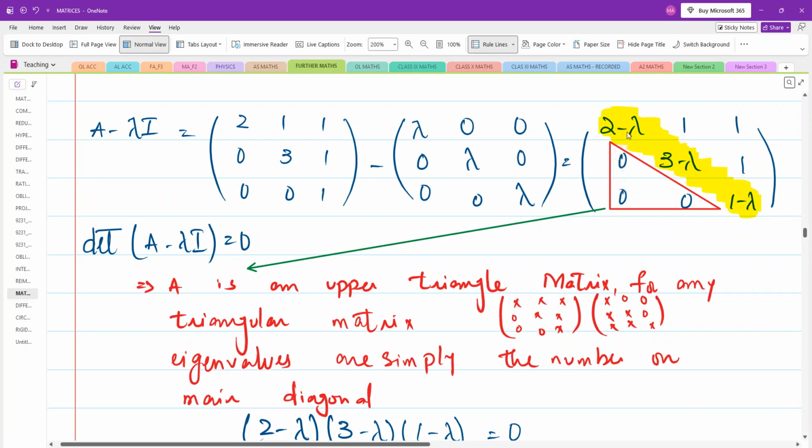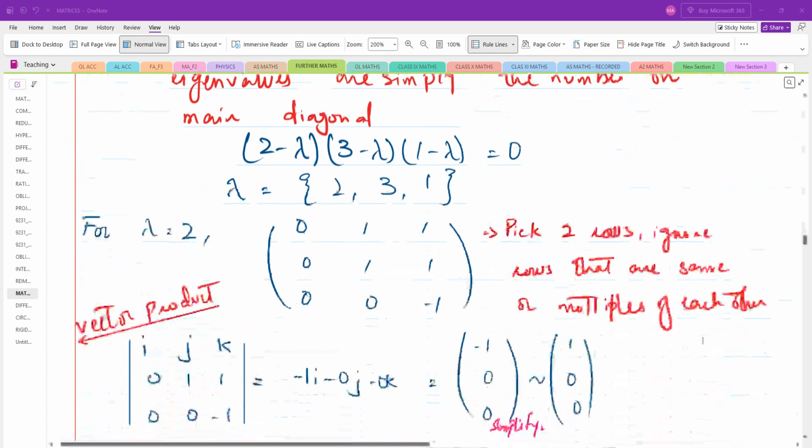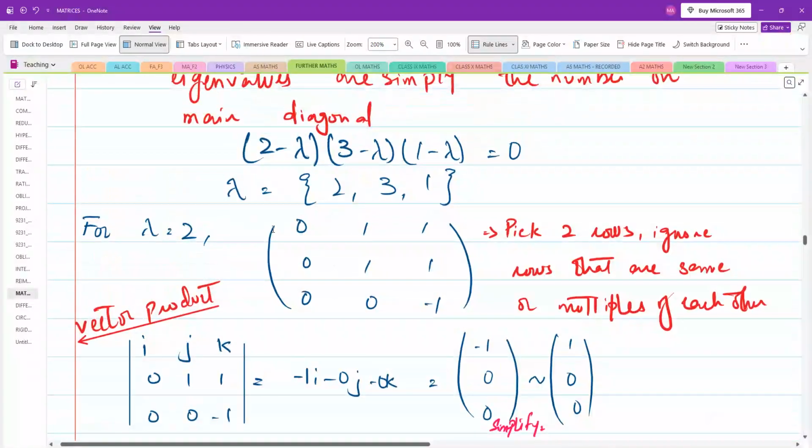We are going to subtract 2 from the main diagonal, and this matrix will transform into this matrix right over here.